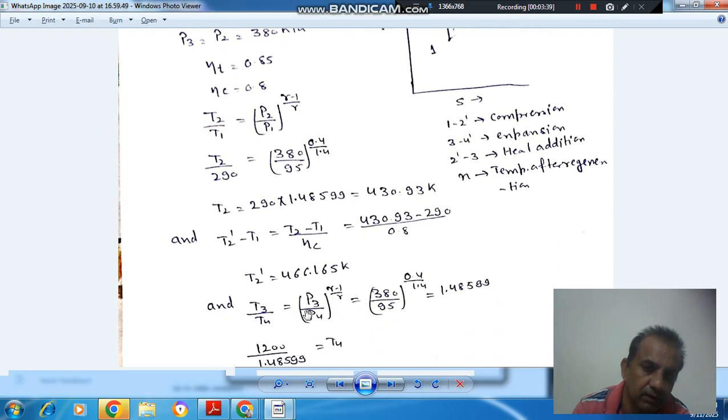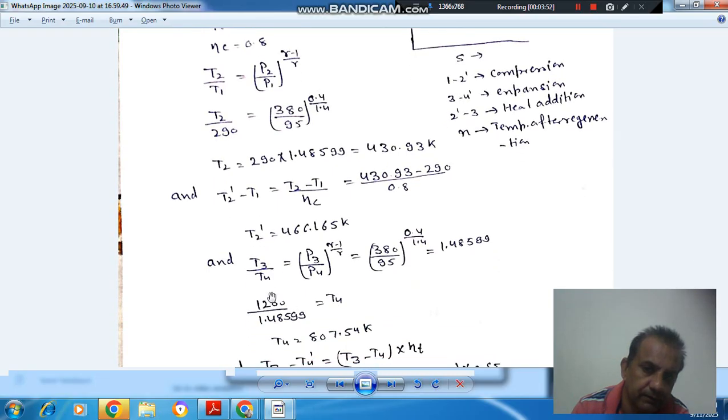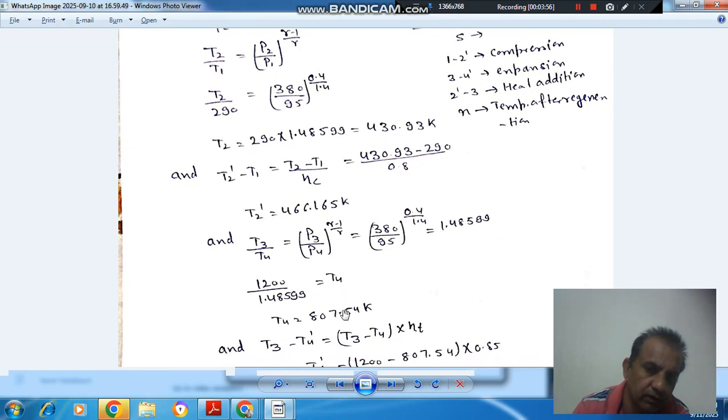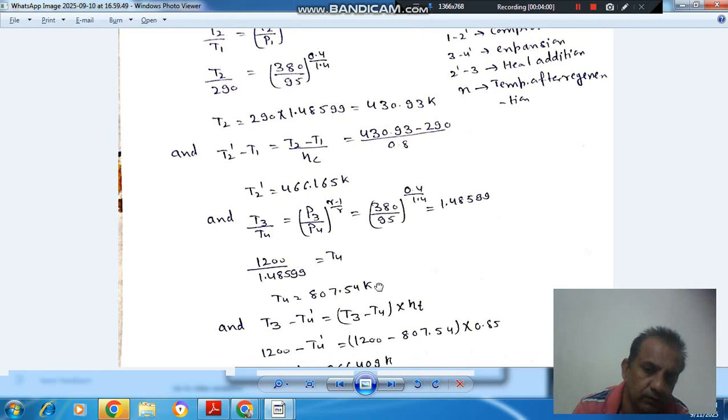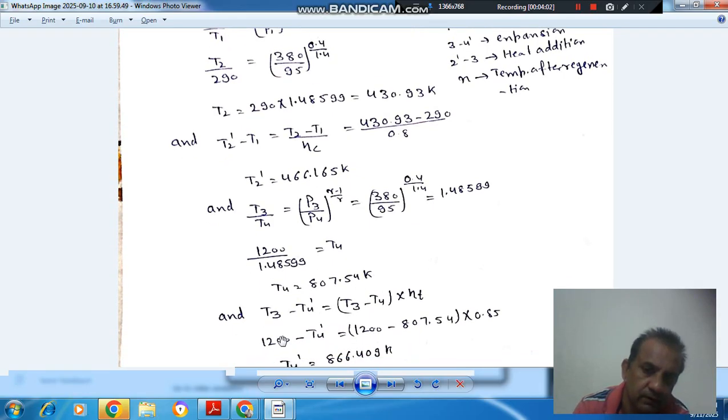T3 by T4 is equal to P3 by P4 to the power gamma minus 1 by gamma, where P3 is 380 and P4 is 95, gamma is 1.4, and T3 is 1200. From this we can get T4, which comes as 807.54 Kelvin.